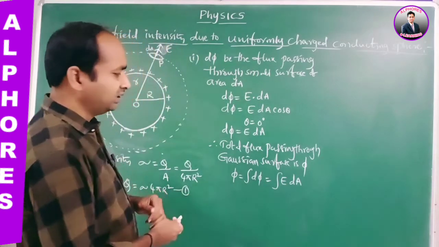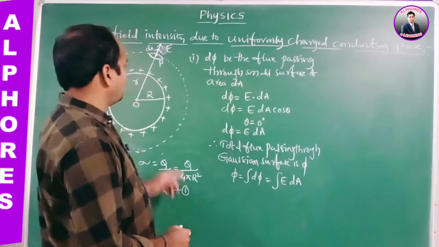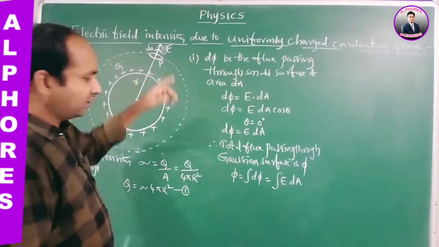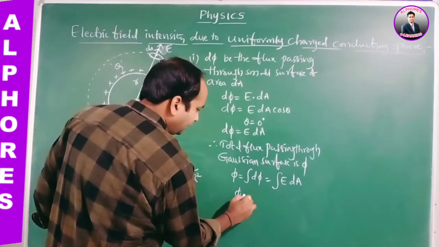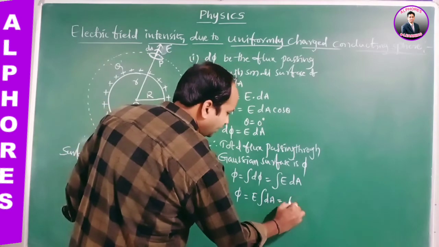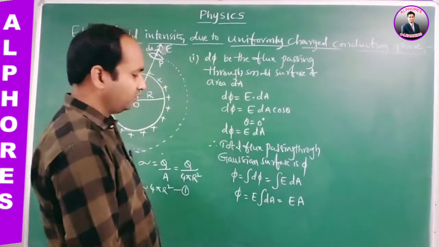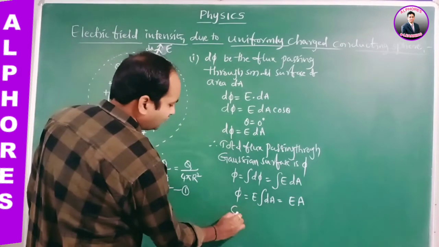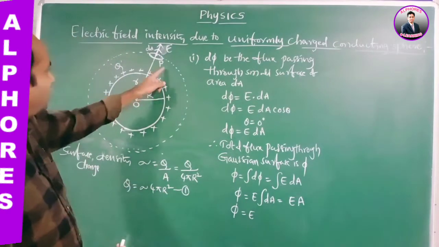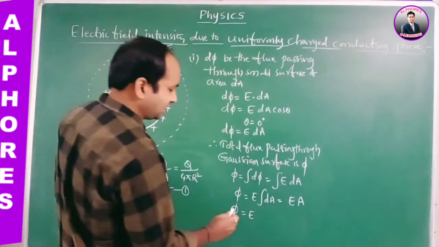E is constant at every point on the surface, so phi equals E times the integration of dA. This can be written as phi is equal to E A, where A is the surface area of the Gaussian surface.